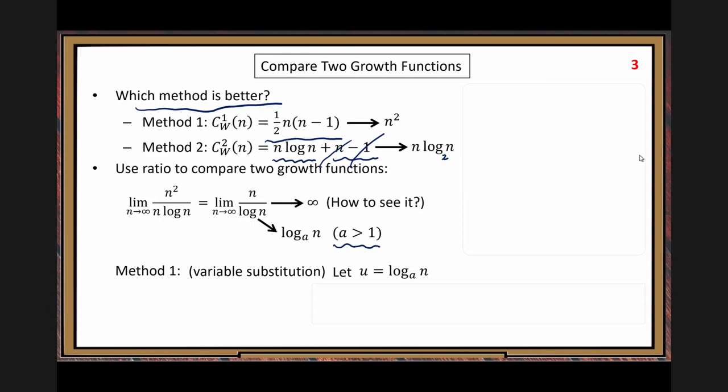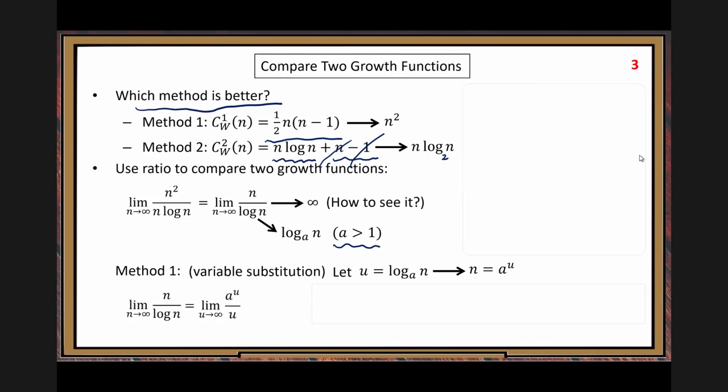If we eliminate log, we can see the function better. That's the idea. Now, n equals the exponential function a to the u.